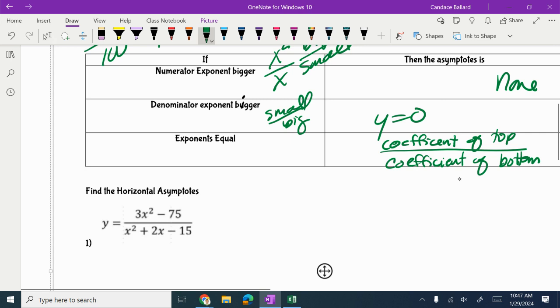And it's going to be y equals that, so make sure you put y equals up front. It's the coefficient of the top divided by the coefficient of the bottom. We're looking at the highest exponent because if we're going out towards infinity, the other numbers aren't going to matter.